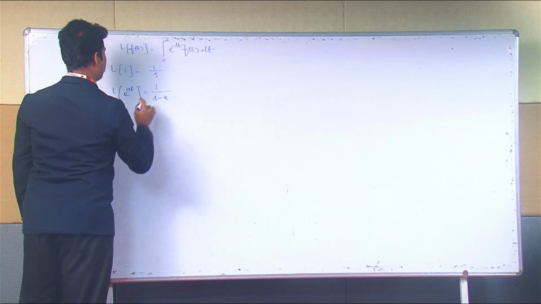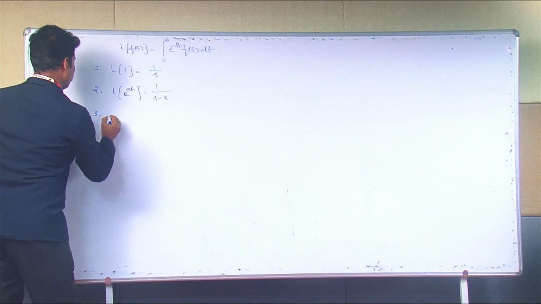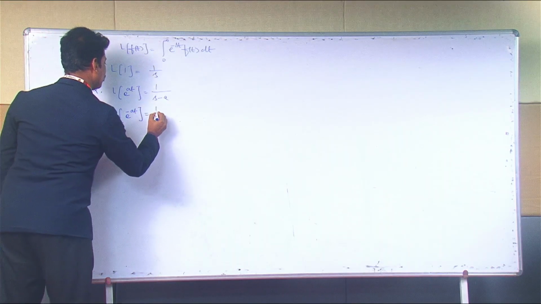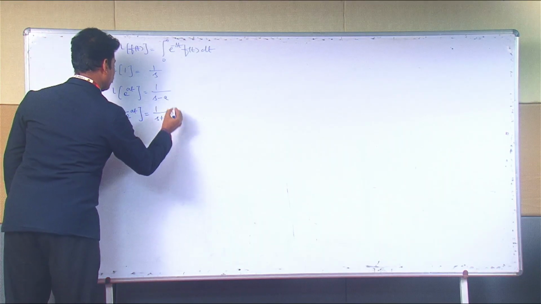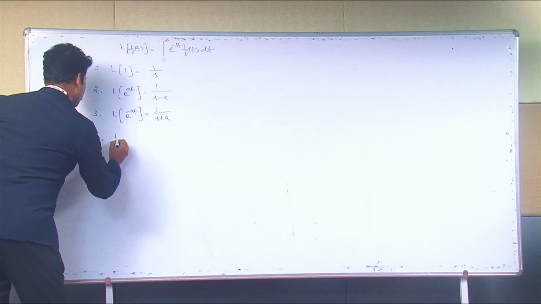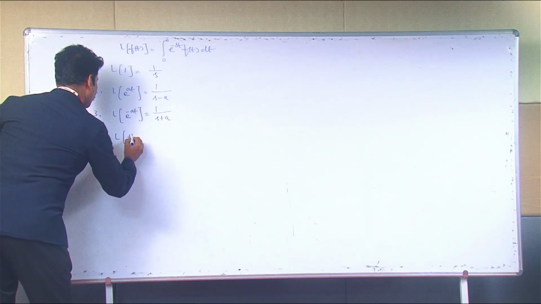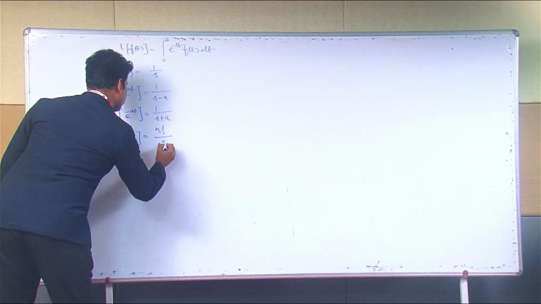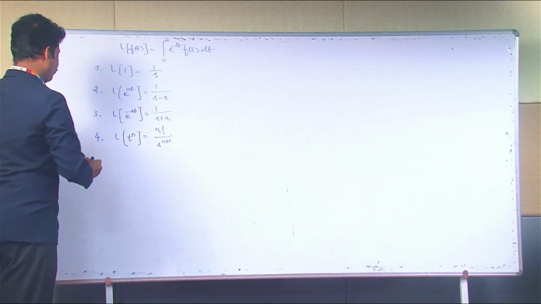If it is plus, you have to write it minus. And the third one is L of e power minus at equal to 1 divided by s plus a. And the fourth one is L of t power n equal to n factorial divided by s power n plus 1.